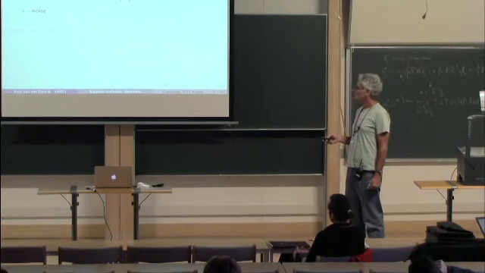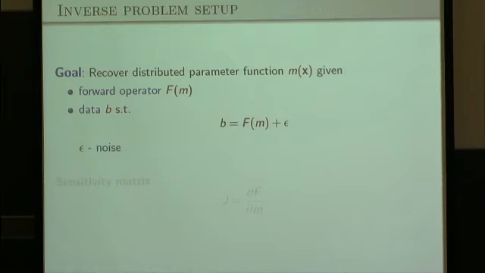We have the forward operator f of m for any given candidate function m; f would be the predicted data. Then there is measured, or observed, data, and we want to find m such that the predicted data agrees with the observed data up to noise epsilon.